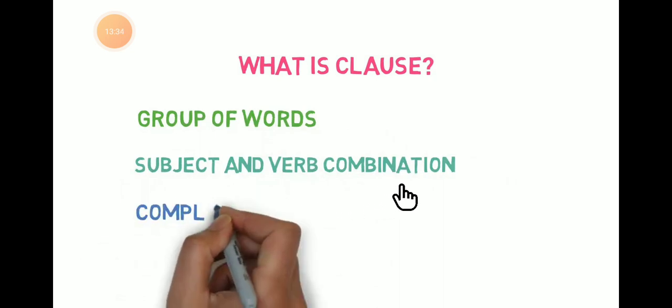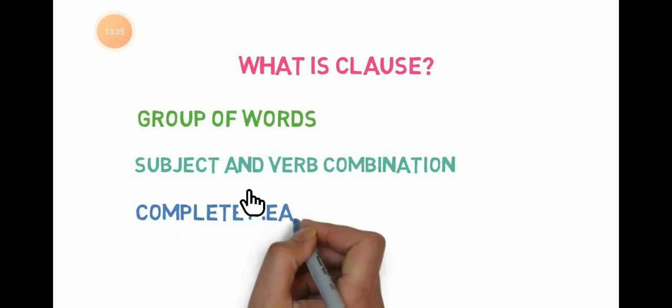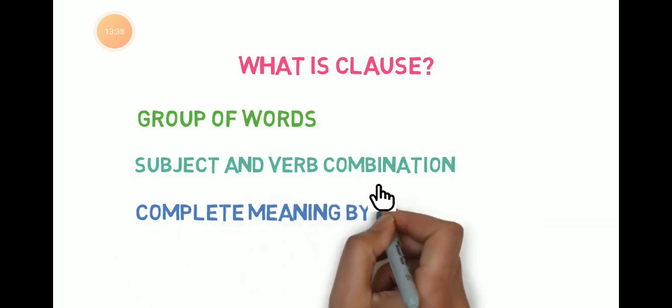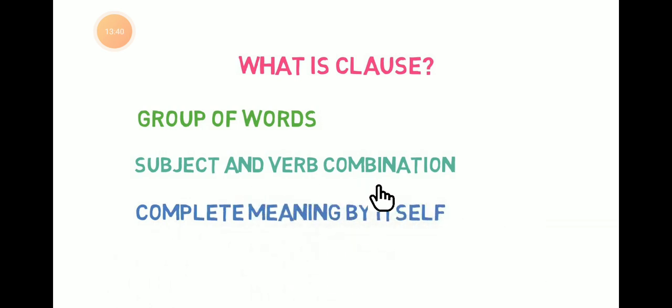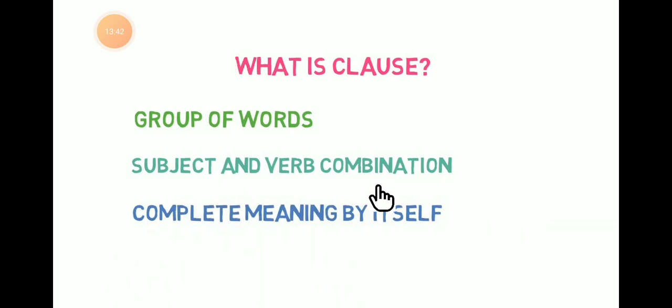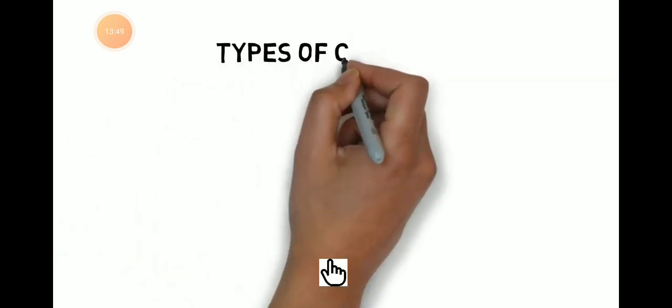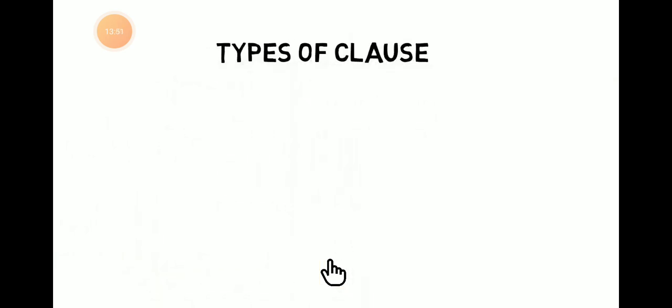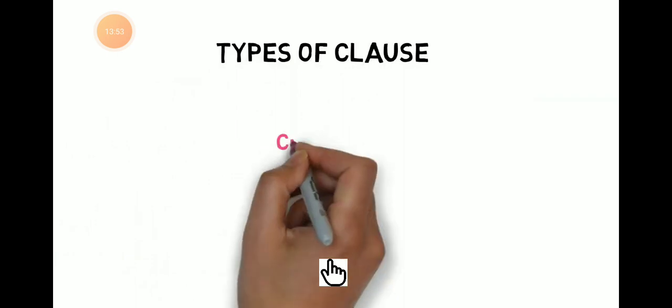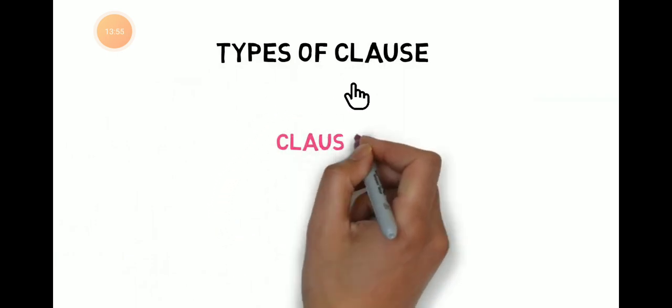So a clause has a subject and a verb combination. If in a sentence there is a subject and a verb, it gives a complete meaning. And the third point: it gives a meaning in itself. Now let's begin with the types of clause.